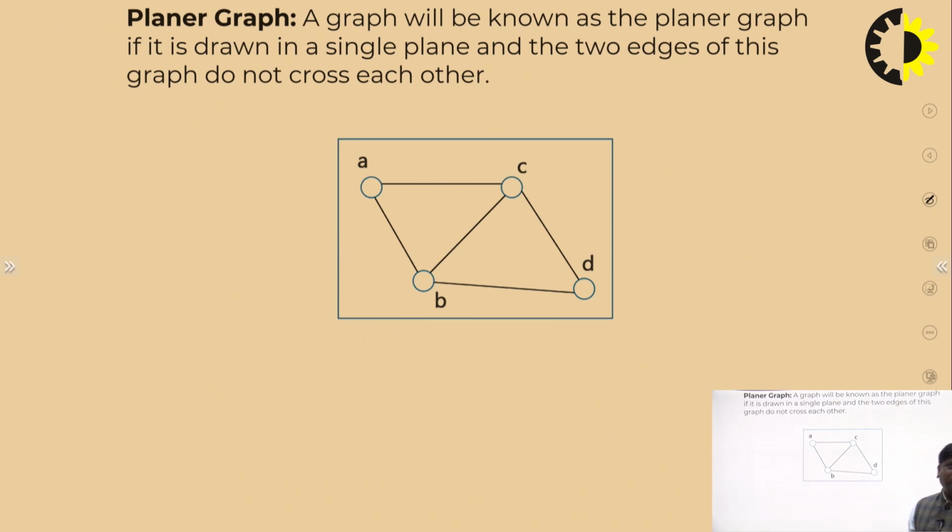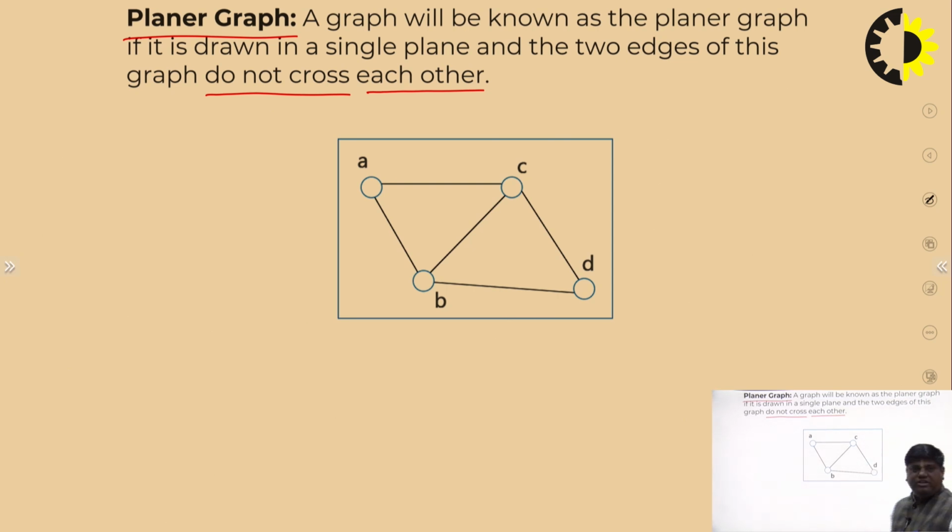Now we move on to another concept of the graph, that is known as the planar graph. A graph that can be drawn on a plane is known as the planar graph. But the one important condition is that no edges cross, then that graph is known as the planar graph.